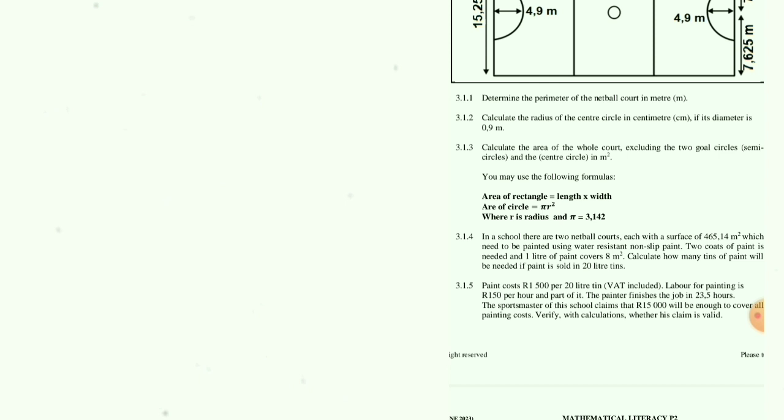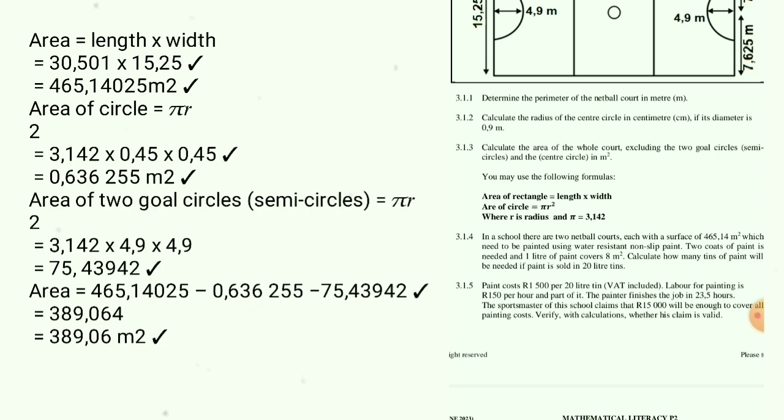Then the answer is 465,14025. Guys, I'm going to keep the answers short and not say the full amount, because there are long numbers here. So I will just say 465,14. I'll just round off.